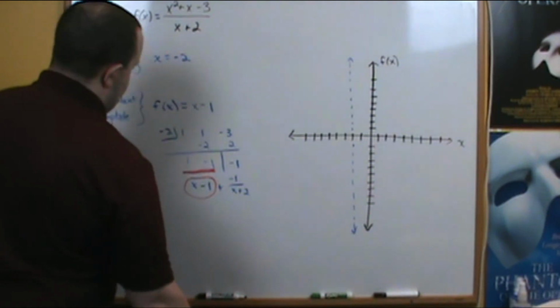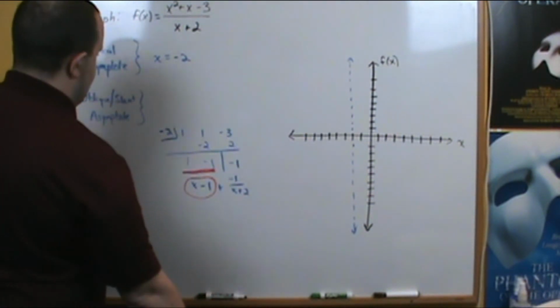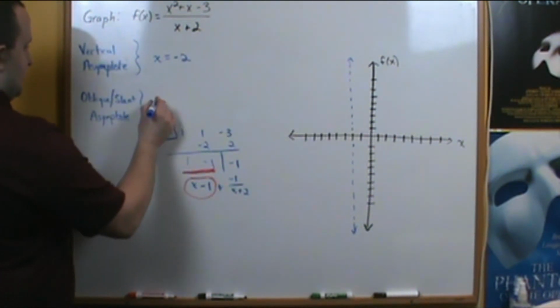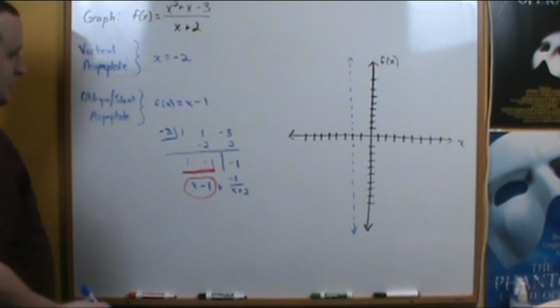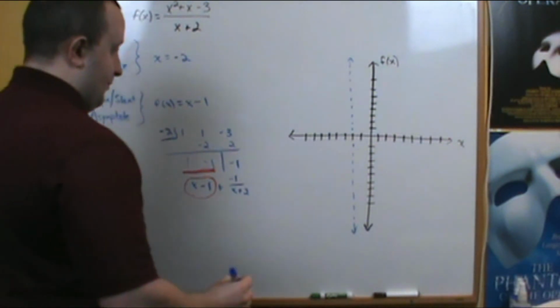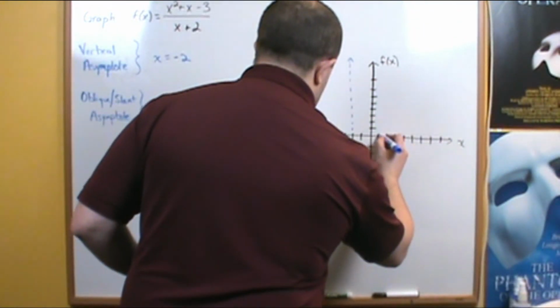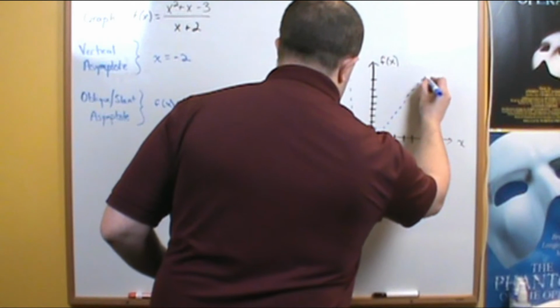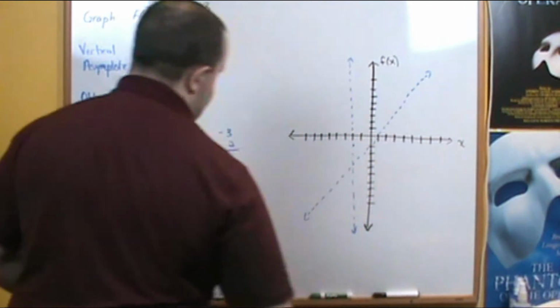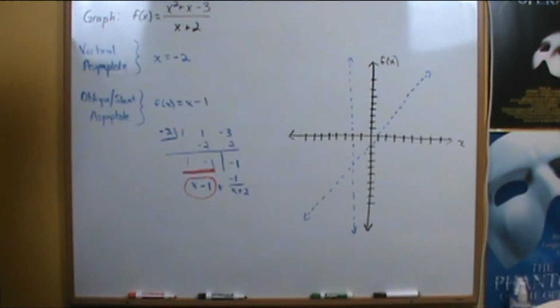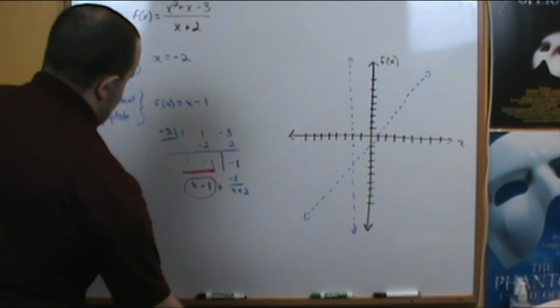So it really is y equals x minus 1. And we could graph that as well. That's going to be right here. There's our oblique or our slant asymptote. There will be no horizontal asymptote. There will only be a vertical asymptote and an oblique asymptote.